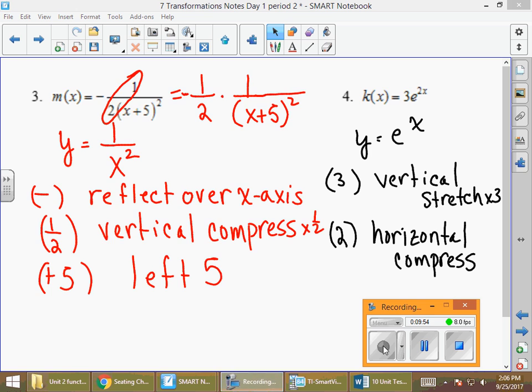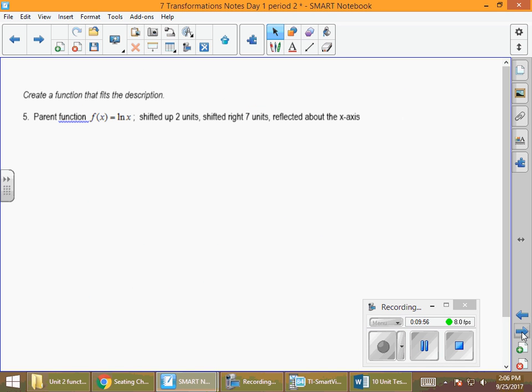Now what's happening is we're given the parent function, and then we need to write the equation. And the thing to think about as you're reading these different problems is, where does it go? Is it going inside the function or outside the function?